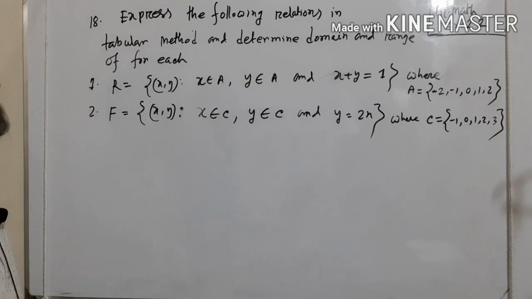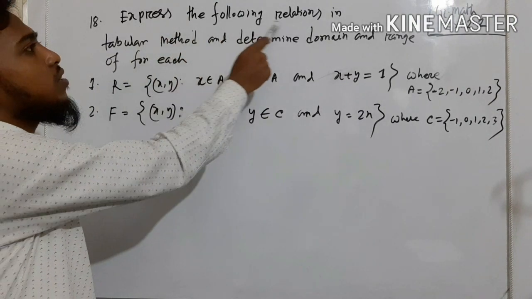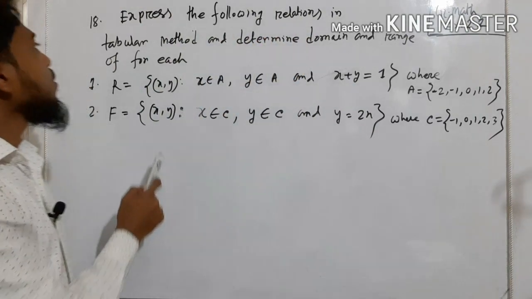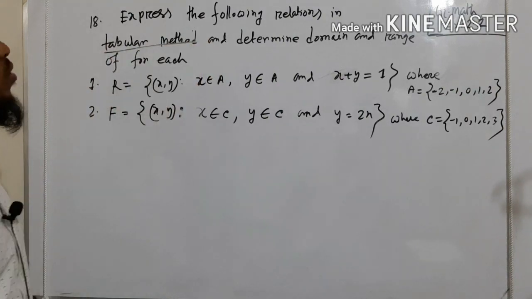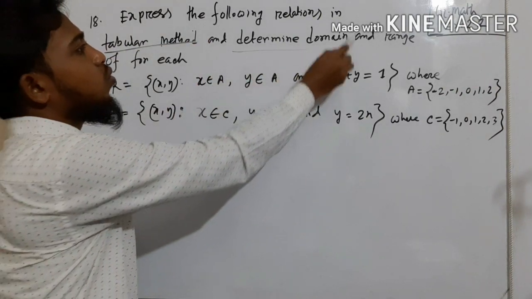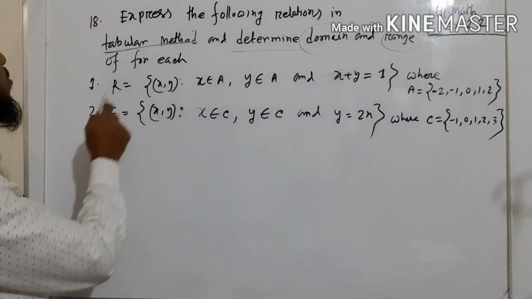My dear student, this is problem 18. Express the following relations in tabular method and determine domain and range for each relation.